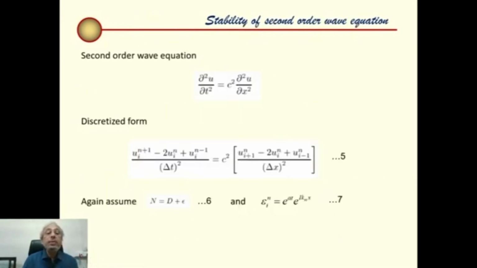So now we will go for stability analysis of the second order wave equation. We will not construct a system of first order wave equations. Rather, we will solve the second order wave equation, which is del 2u del t2 equal to c squared del 2u del x2.